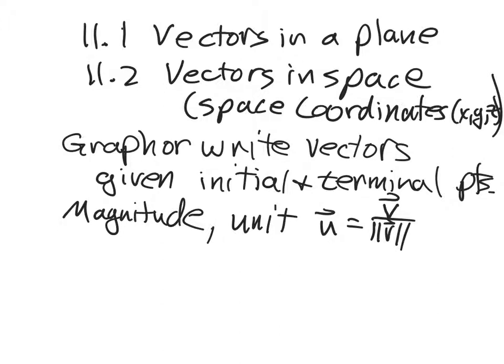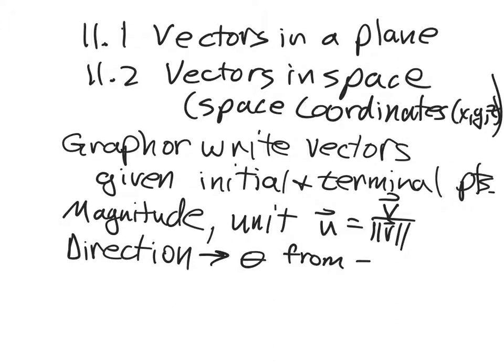Now, finding the direction, this is where it kind of splits off between section 1, 2-dimensional vectors, and the 3-dimensional vectors. So the direction of the 2D, basically find theta, usually from the x-axis, describe it from the positive x-axis.